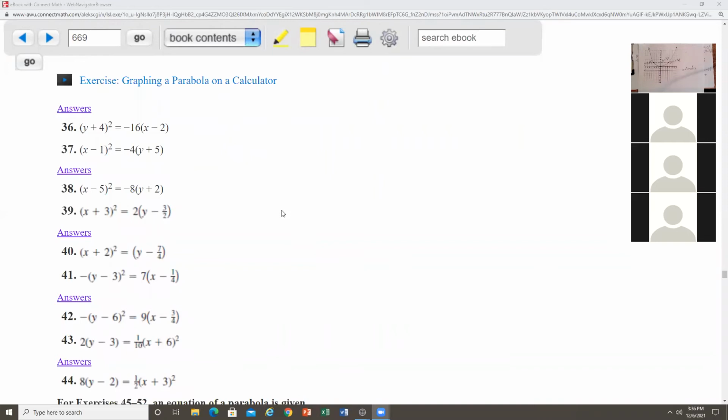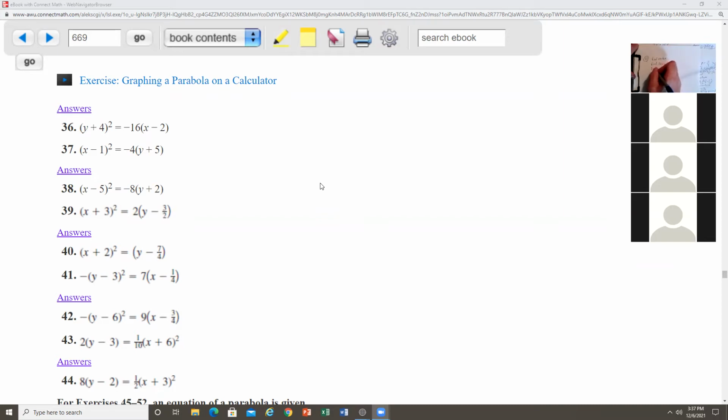All right, so let's see now, ladies and gentlemen, I'll give you number 37 for classwork. What I want you to do is take that equation there, for problem number 37. I want you to find the vertex point. Find the vertex. I want you to find the focus.